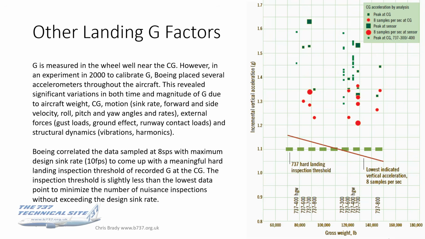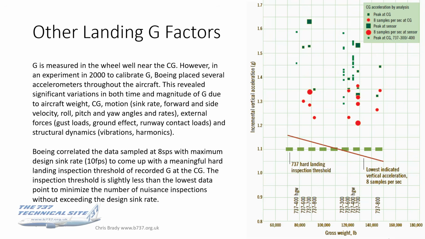So, around about 2000, they did an experiment whereby they put accelerometers throughout the aircraft, also sampling at a fairly high rate, and that revealed significant variations in both the time and magnitude of G due to factors such as aircraft weight, CG position, motion, and by motion this can be anything from sink rate, forward and side velocity, roll, pitch, yaw angles, and rates of yaw, pitch and roll.